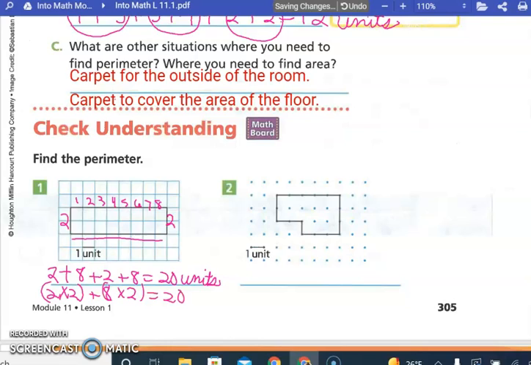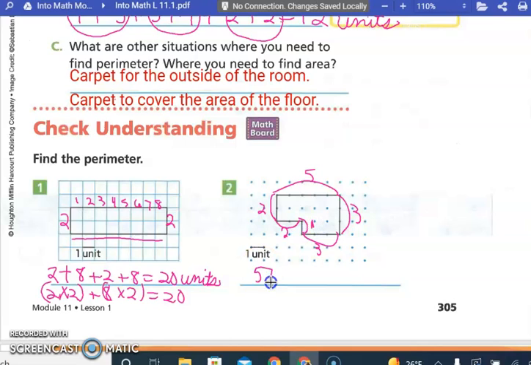Okay? On this side, you have to be a little more careful. This side is 2 units. This side is 5 units. This side is 3 units. This side is 3 units. And this side is 2 units. But a lot of us forgot this unit.